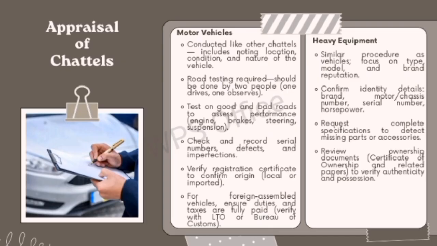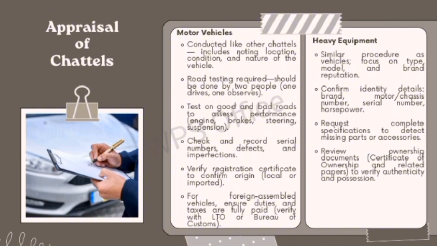Motor vehicle. A motor vehicle means a self-propelled vehicle that runs on land and is designed to transport people or goods. This includes cars, trucks, motorcycles, buses, vans, and other similar vehicles. Appraisal, like for other chattels, includes noting the location, condition, and nature of the vehicle.